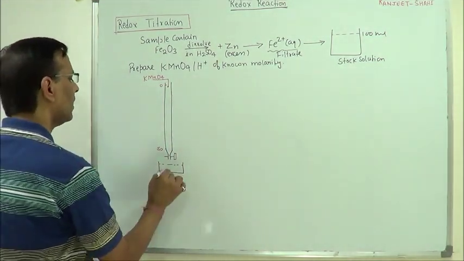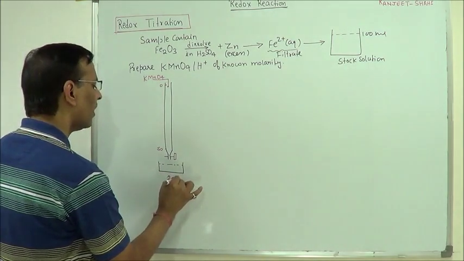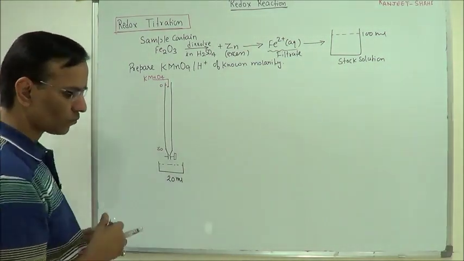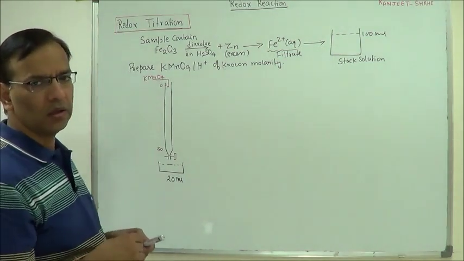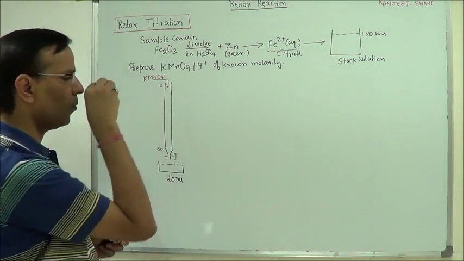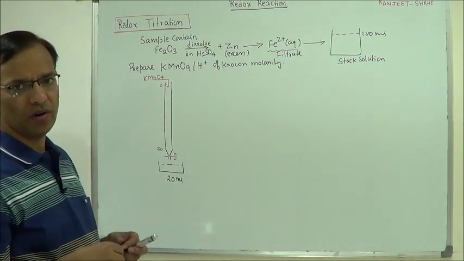Let us say we have taken 20 ml of that stock solution. Then we add potassium permanganate drop-wise from the burette.